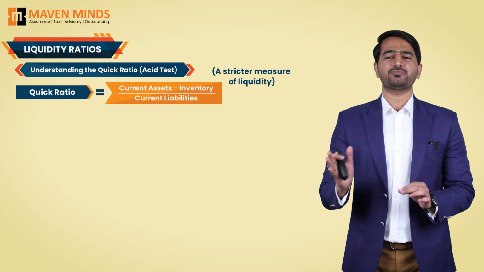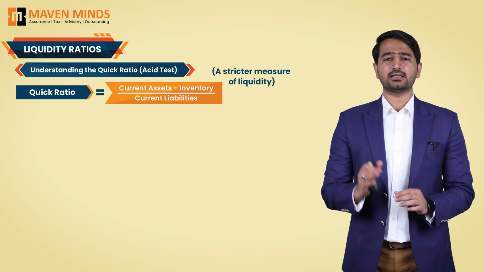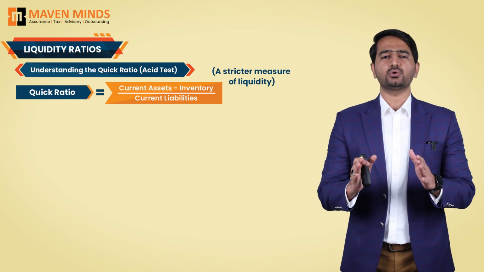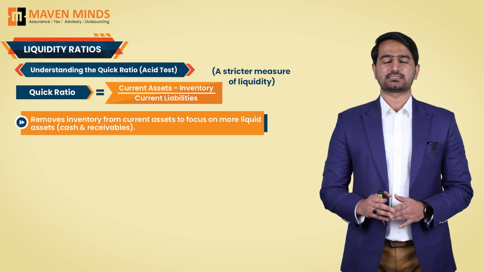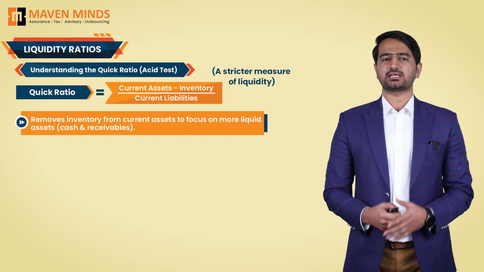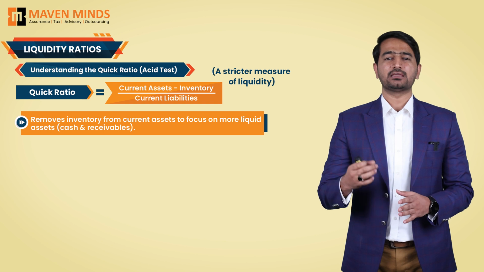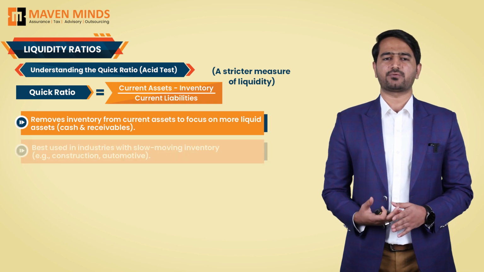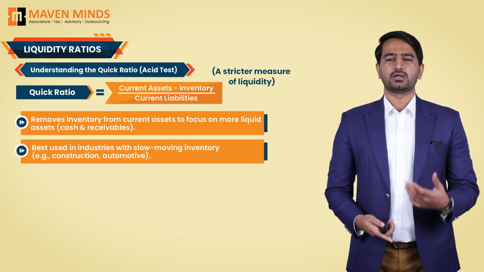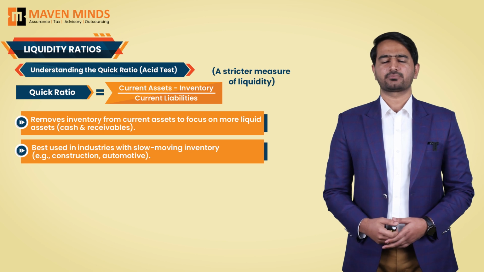This adjustment of excluding inventory from the current assets focuses only on more liquid assets, that is receivables and cash. The acid test ratio is particularly useful for businesses with slow moving inventory like automobile, real estate, etc.